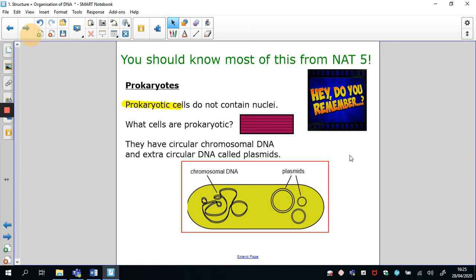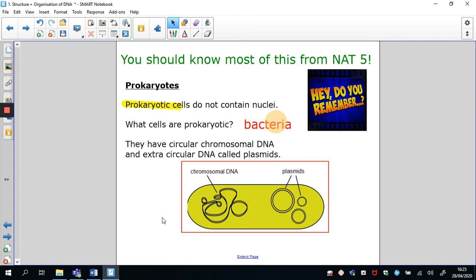It says here prokaryotic cells do not contain nuclei. That's because we're talking about lots of cells, so we wouldn't say nucleuses, we would say nuclei. Do not worry about that. A cell that doesn't contain a nucleus, you already know from National 5, is a bacterial cell, or bacteria.